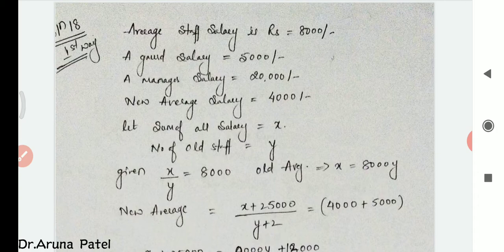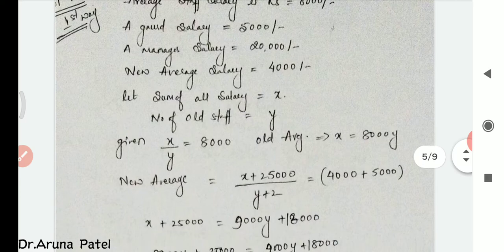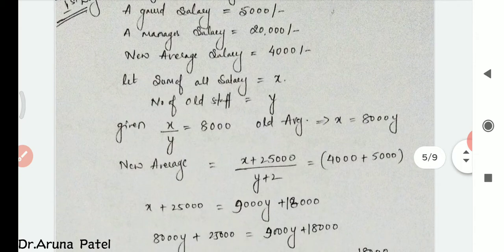So let the sum of all salaries be X and the number of old staff be Y. So the sum divided by the number of staff equals 8,000. This is the average salary of the old staff. So X equals 8000Y on simplification. Now the new average salary: the old salary sum is X, then the new sum has 25,000 additional, so X plus 25,000, and the old staff number is Y, then two persons are added, so Y plus 2 is the new staff.